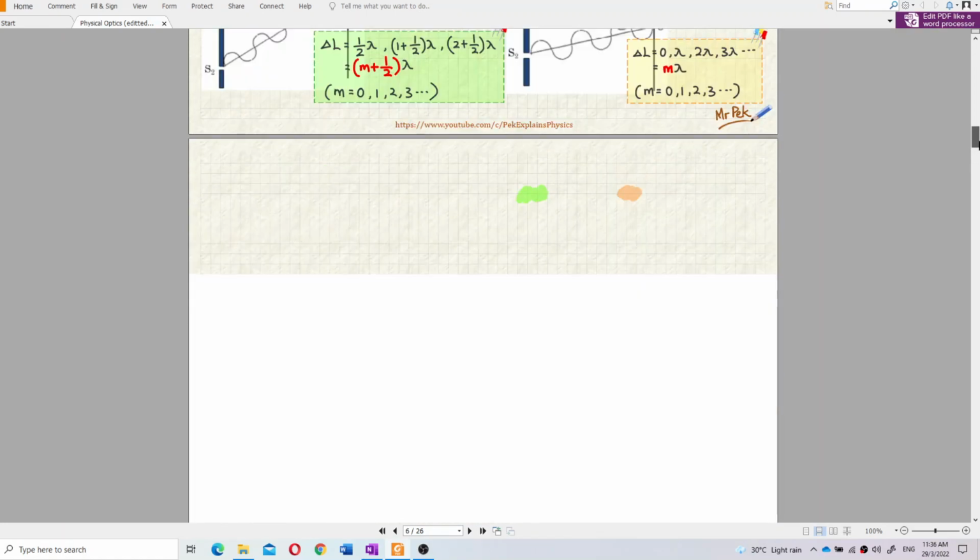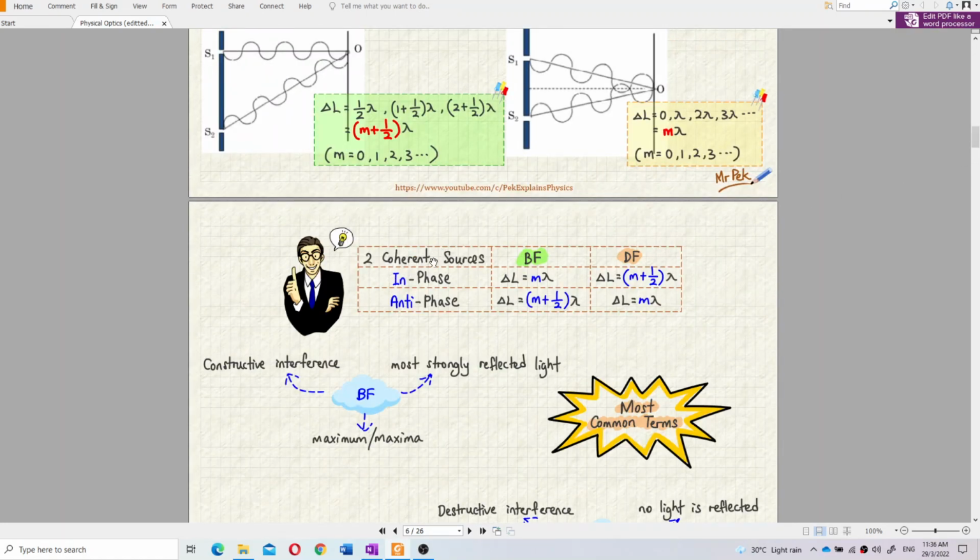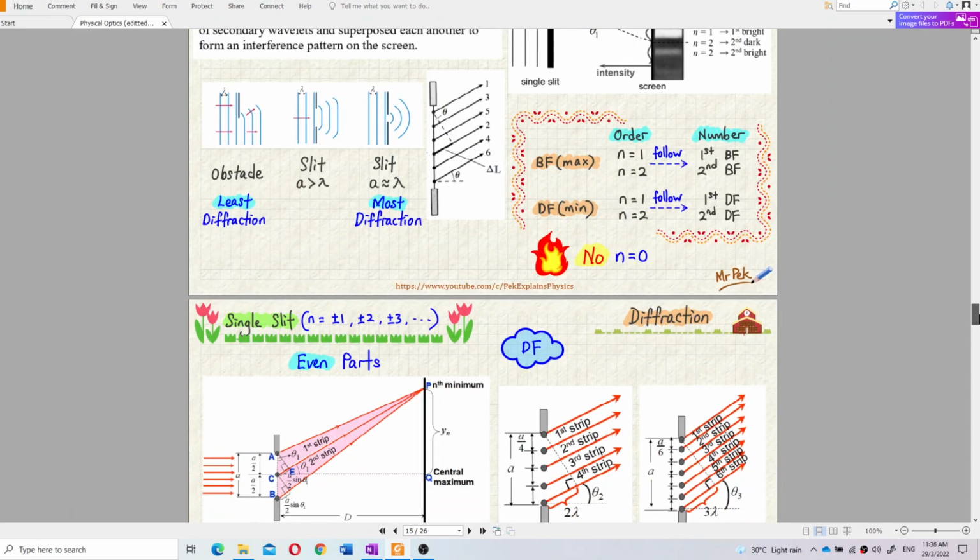When two sources are in phase, for bright fringe, the delta L is m lambda. If dark fringe, the delta L is m plus half lambda. So for two in phase sources, the bright fringe delta L is m lambda, the dark fringe delta L is m plus half lambda. Understand?